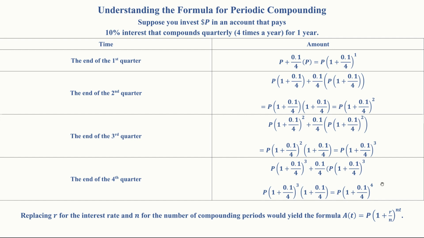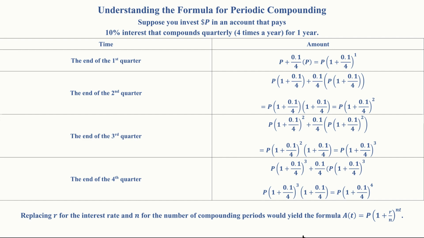Now, of course, if you were doing it for another year, this would keep going, and what would that exponent be at the end of 2 years? It would be 8, right? So it would be 4 times 2. So 4 times the number of years. If it did it for another year, the last exponent would end up being 12. So that is where this formula comes from.